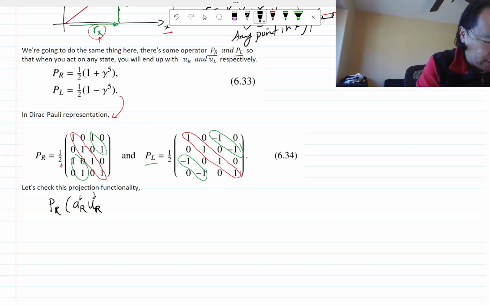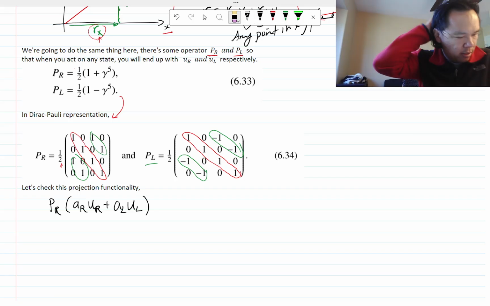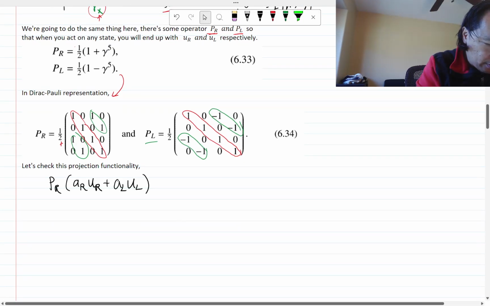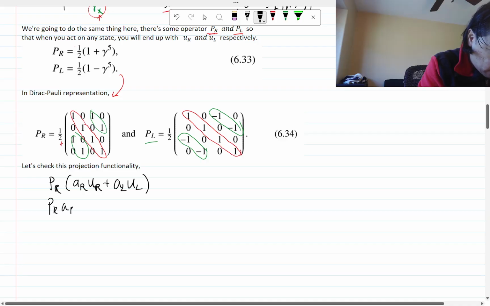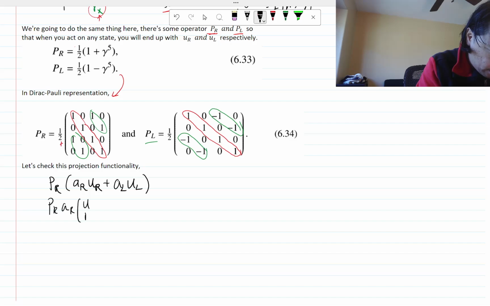So the analogy of this is like rx from our low analogy, plus some y component, aL, uL. So when you do this, you have PR aR uR, let's just keep it abstract for now, and then PR aL uL.